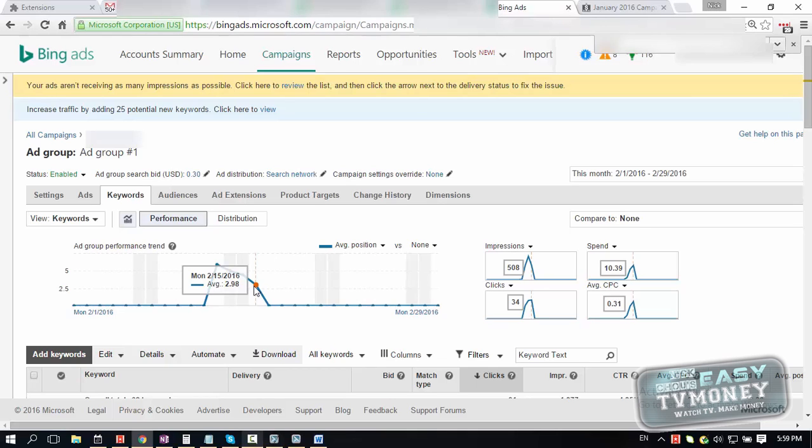If he had continued to let this campaign run, the average ad position would continue to improve. So basically, Bing Ads was finding out that his ads were performing better than his competitors. That's why the average ad position was improving. So again, the campaign was paused too early and did not realize its full potential.